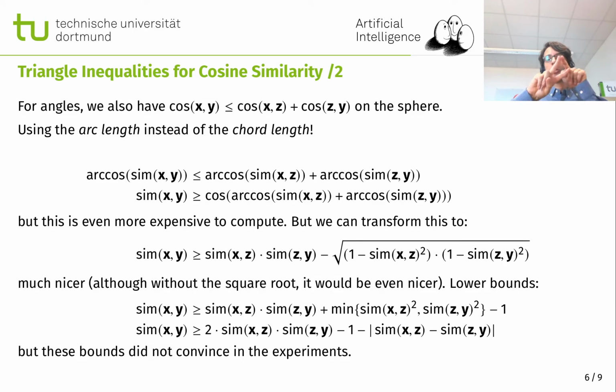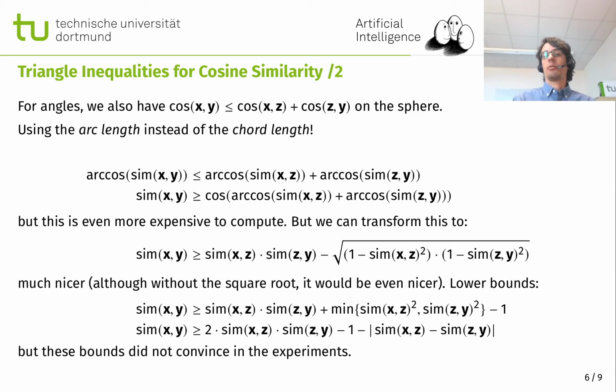We can only travel on the surface of the sphere. And that's actually what is measured by the arc length instead of the chord length. So there's good reason to say that this is more accurate. It will yield a tighter bound because this is exactly where we can travel. We cannot travel on the chord.